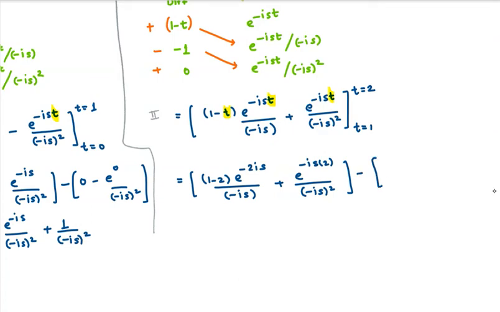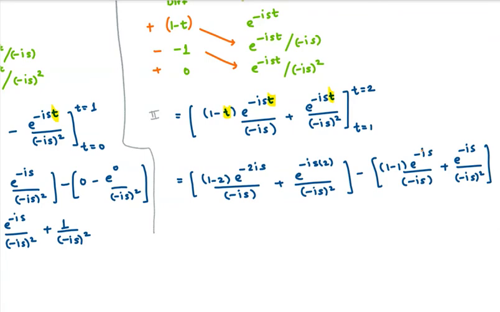Changing it to 1, we'll get 1 minus 1 e power minus iota s over minus iota s plus e power minus iota s over minus iota s to the power 2.